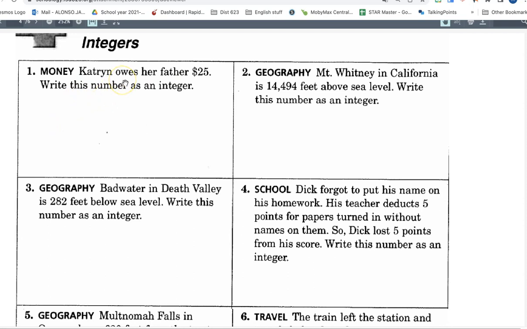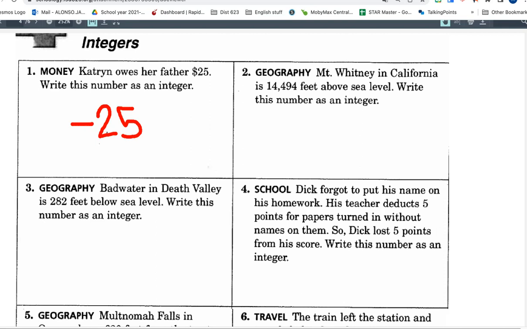So owes. That means that when she gives this money back to her father, she's going to be negative 25. So it's going to be a negative 25.